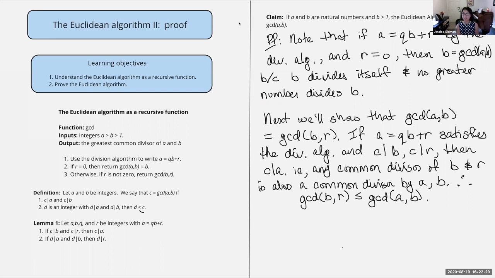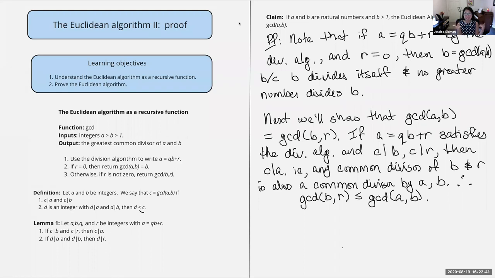Because any common divisor of B and R is a common divisor of A and B, but I know that the GCD of A and B is greater than or equal to all the common divisors of A and B. So in particular, it's greater than or equal to that one.